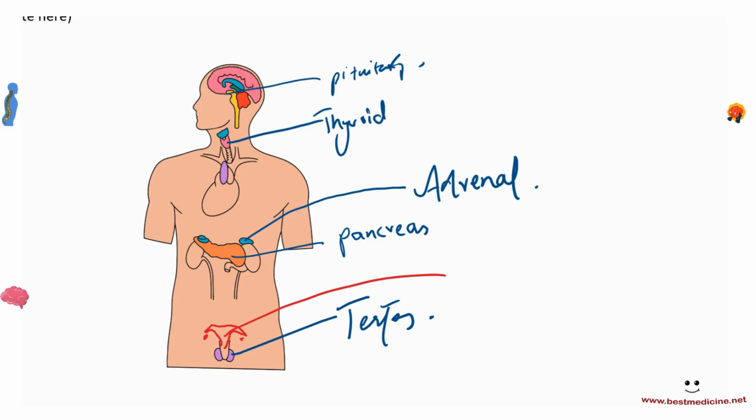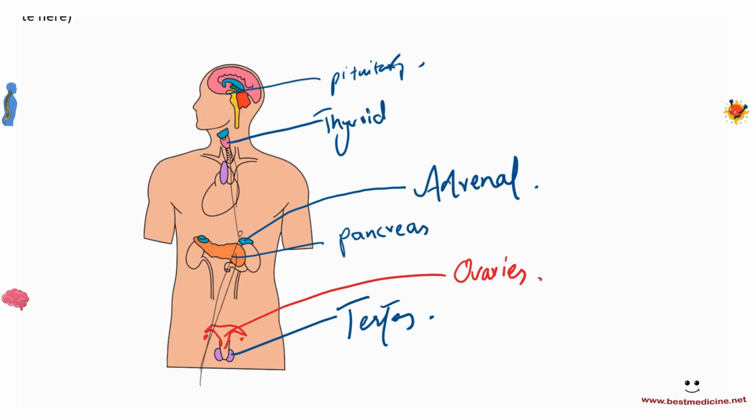And the uterus is able to also secrete some hormones. So uterus, or let's say ovaries, are able to secrete some hormones in females, while testes secrete some hormones in males. So all of these are glands that are interconnected by blood vessels. So you'll have blood vessels running throughout the body, and these are able to transport these hormones.